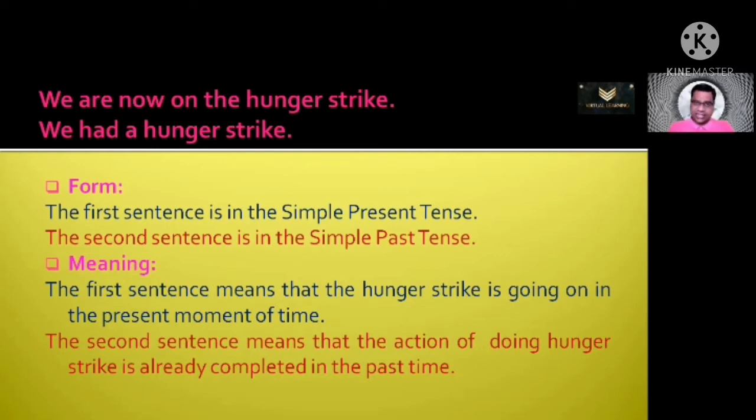Whereas the second sentence means that the action of doing the hunger strike is already completed in the past time. And that's why this sentence is expressed in the simple past: we had a hunger strike. So this is how you can derive different meanings from these two sentences.